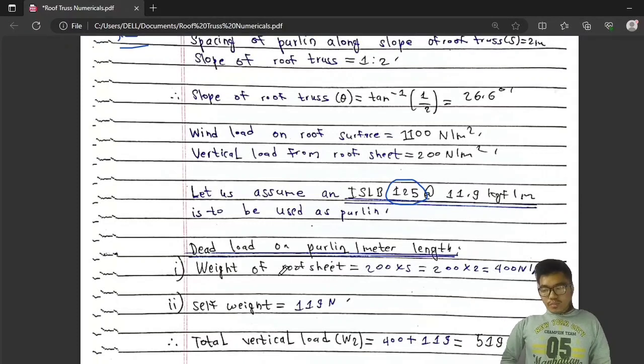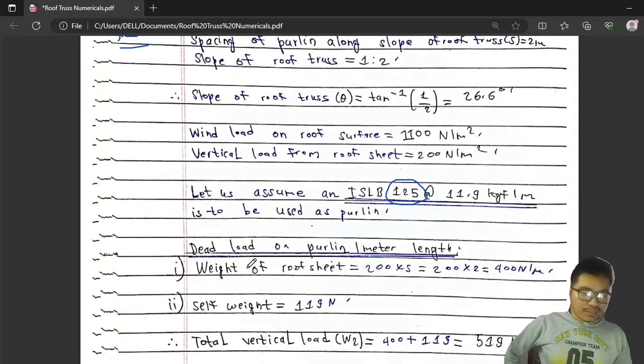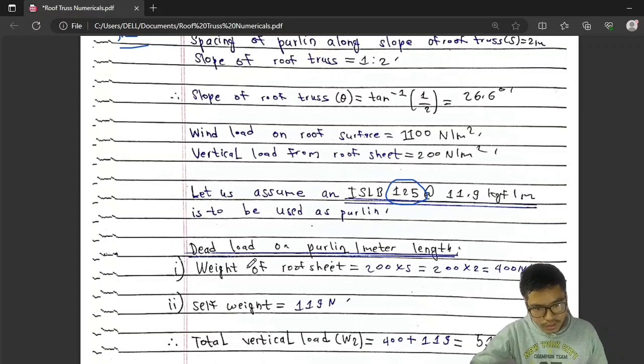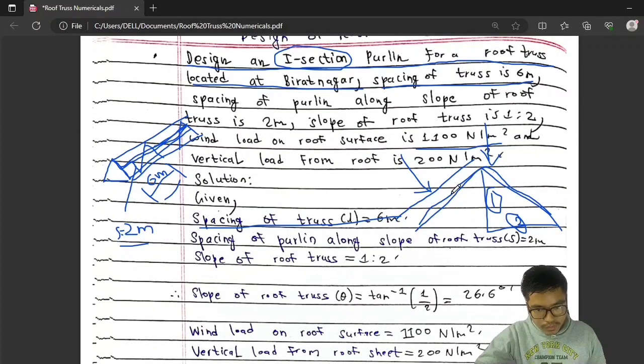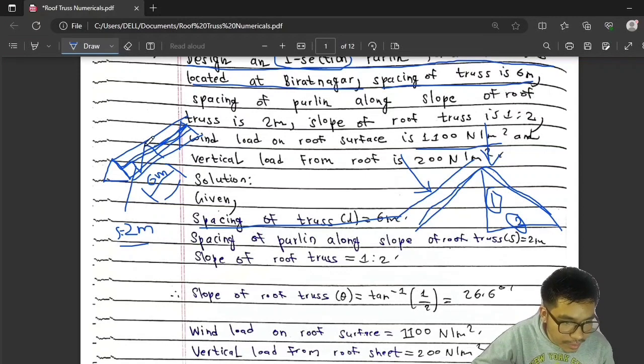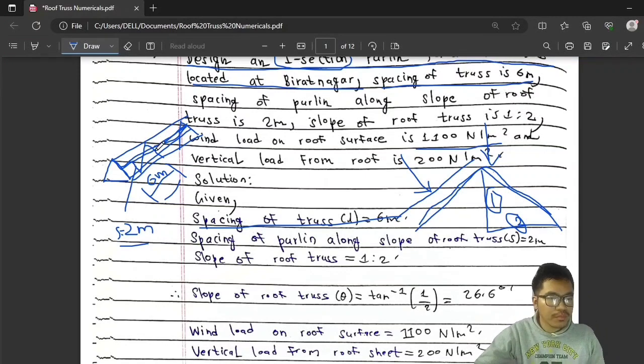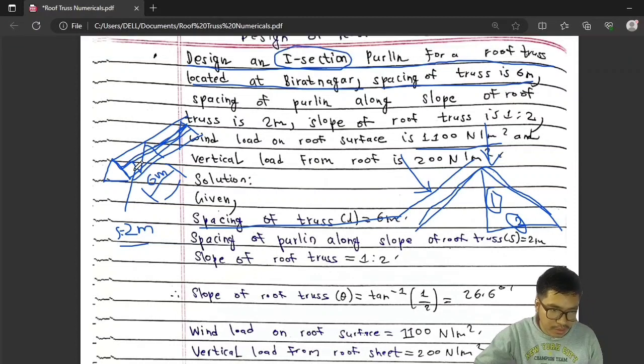Dead load on purlin per meter. So weight of roof sheet: this is the roof sheet. The dead load of roof sheet is 200 Newton per meter square multiplied by this spacing, which gives the load per meter.